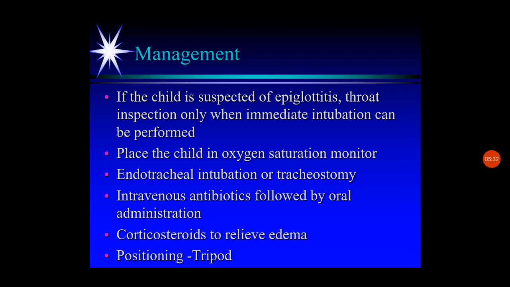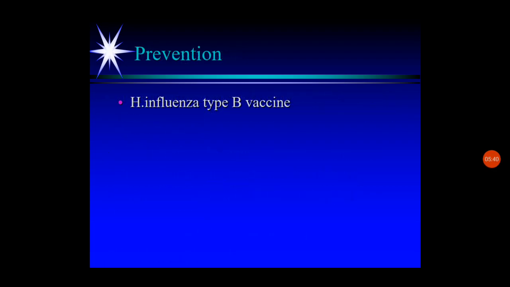The child will usually be positioned in the tripod position, as we discussed in the previous slide. So these are the management measures, and prevention of epiglottitis is with the Hib vaccine, Haemophilus influenzae type B vaccine, which we are already administering.